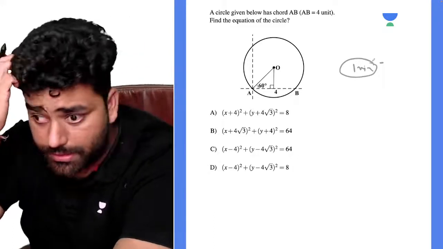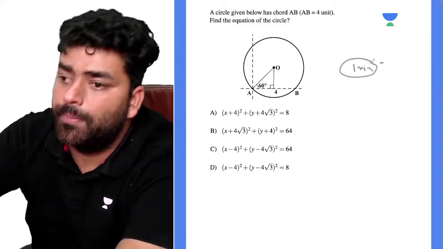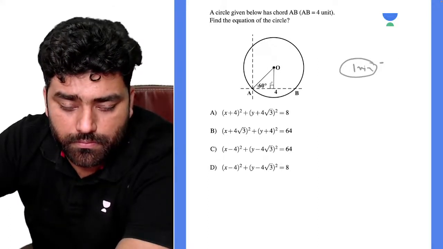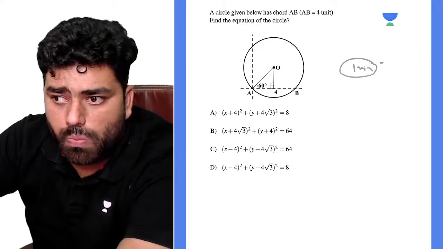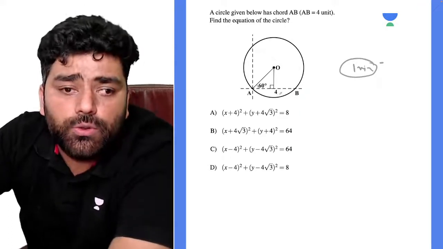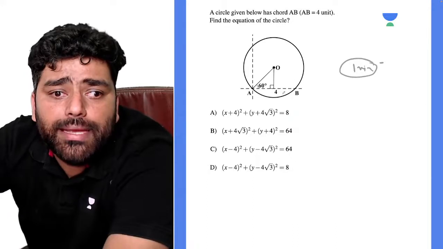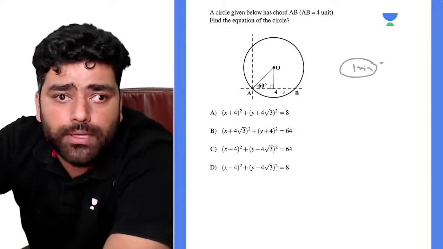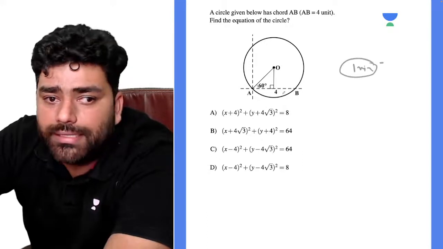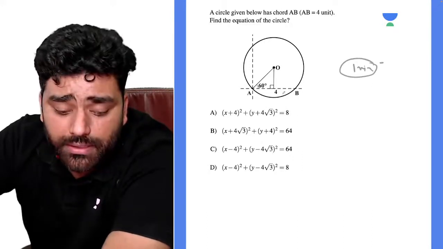Okay, anybody tried this? Okay, now what we know there, AB is equal to 4. The question is to find the equation of the circle. That's the only information we have been given, guys.